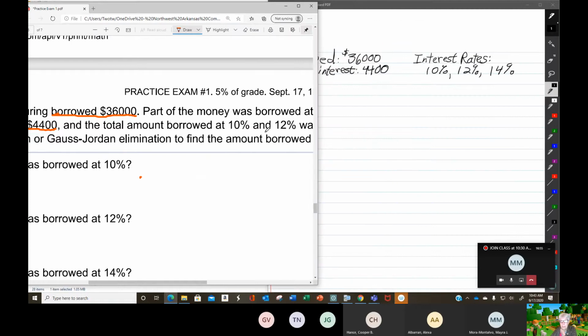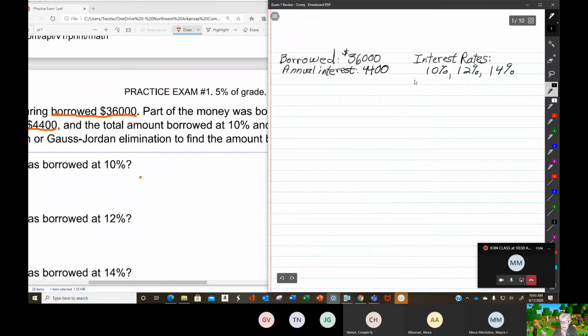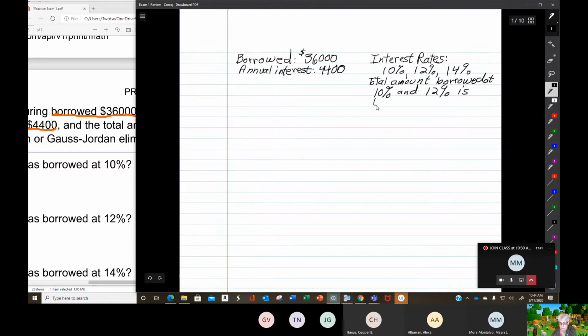And that is that the total amount borrowed at 10% and 12% is twice the amount borrowed at 14%.